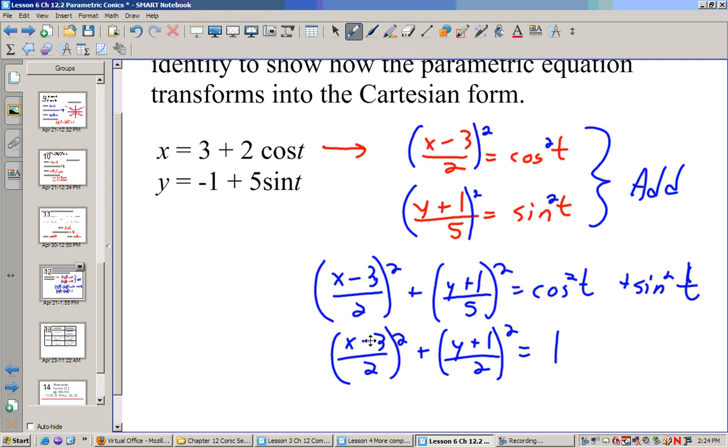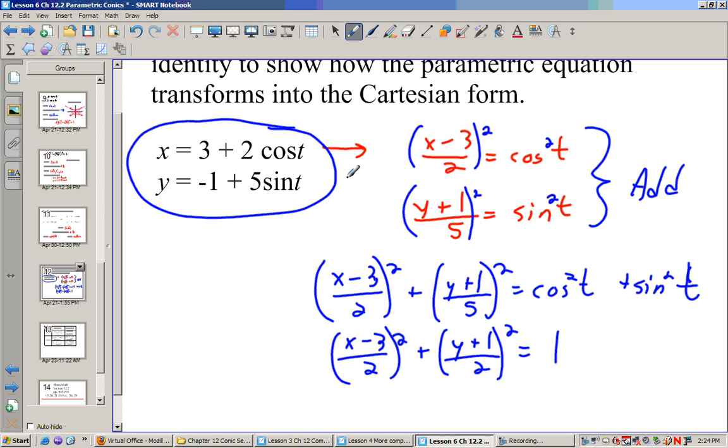Sometimes people ask, well, how come in these equations this moves it in the opposite direction that you think? x minus 3 moves it to the right, and y plus 1 moves it to the left, or down. And the best answer for that is parametric equations do exactly what you would think they should do.